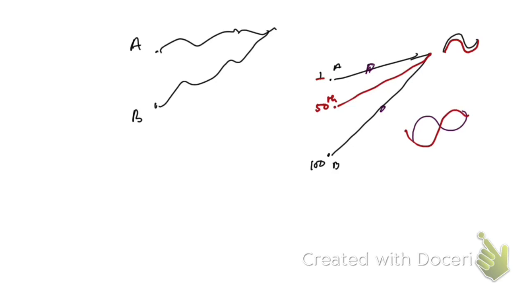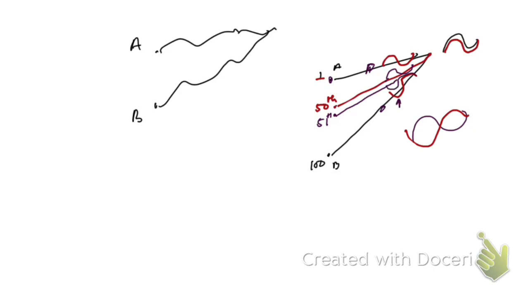Then if this one and this one are out of phase, then this 50th one will be in phase with the light originating from 1. Similarly, this 51st one will be in phase with this, right?